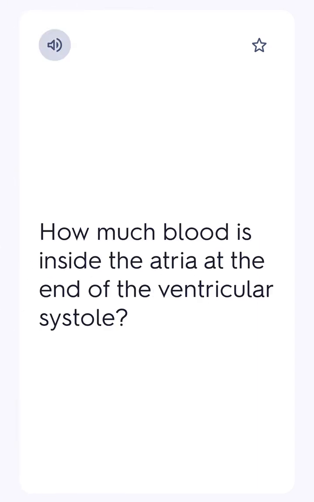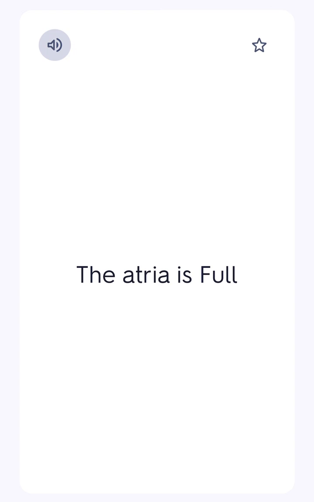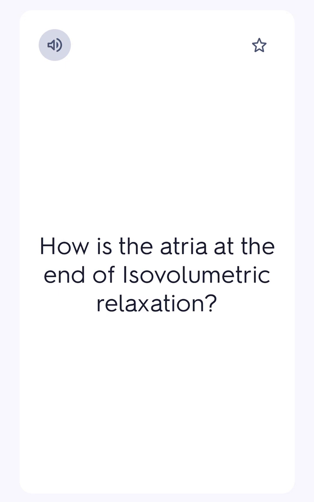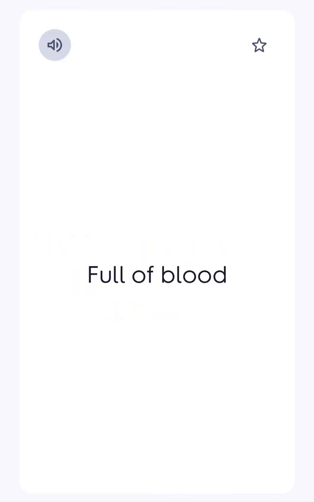How much blood is inside the atria at the end of the ventricular systole? The atria is full. How is the atria at the end of isovolumetric relaxation? Full of blood.